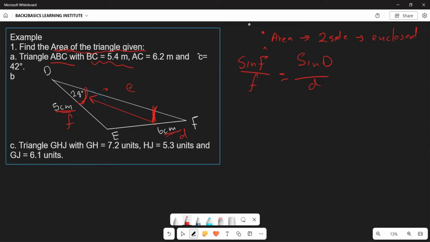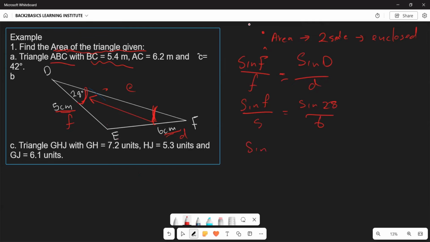Now what you are going to do here, this is going to be sine of F over the f that you are given. Your f, you are given that it is 5, which is going to be equal to sine of angle D, which is 28 degrees, over your side d. Your side d, you are given that this is 6, right?